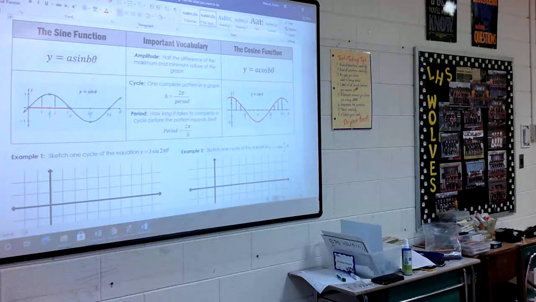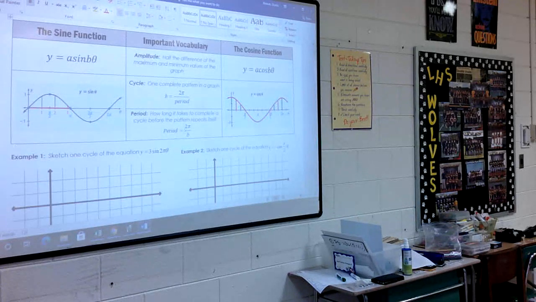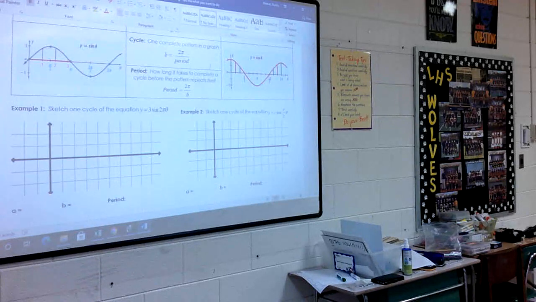B is what's in front of theta, which is 2 pi. And then the period is 2 pi over b. So in this case, it's 2 pi over 2 pi, so the period is 1.